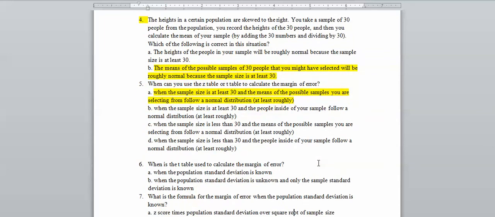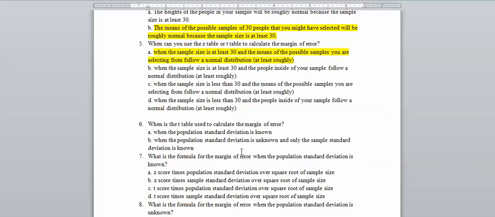The t-table is used when the population standard deviation is unknown, and only the standard deviation of the sample is known, because the t-score formula uses the sample standard deviation, the letter S. If the population standard deviation is known, that's when you use the z-table.